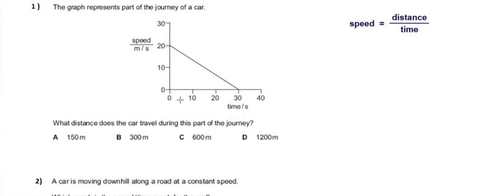Here they are asking what distance the car has traveled during this 30 seconds. And we know that speed is nothing but distance divided by time. So distance is nothing but speed multiplied by time.